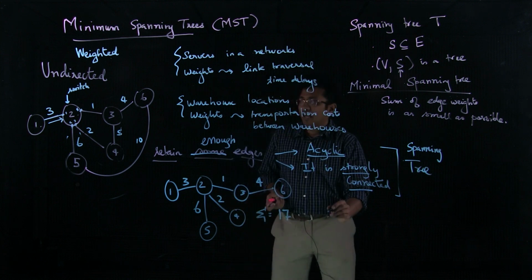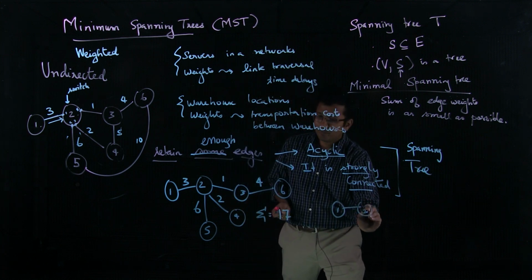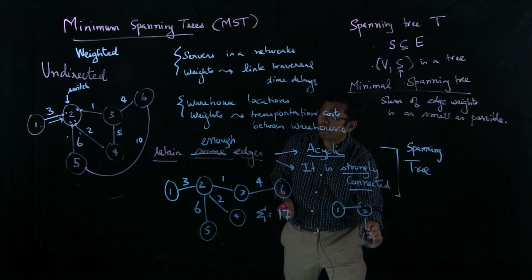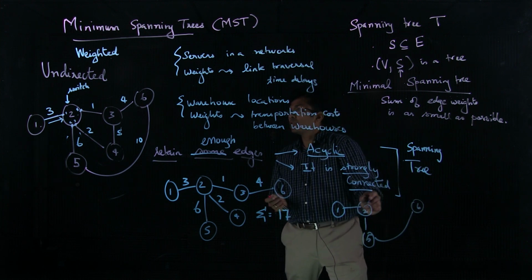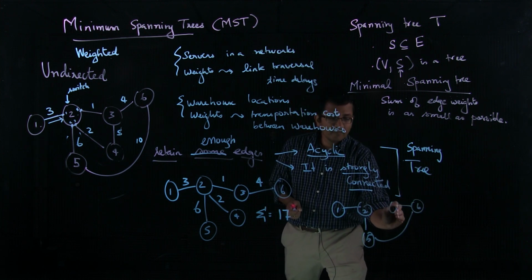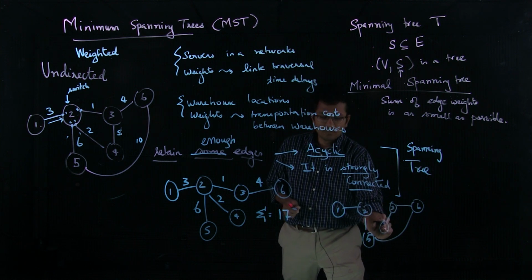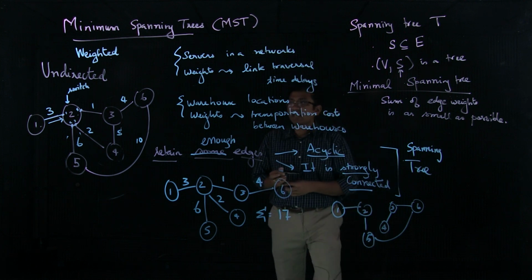Let's take an example of another spanning tree. So we can go from 1 to 2 to 5 to 6. From 6 we can go to 3 and from 3 we can go to 4. So this is another example of a spanning tree of the same graph.